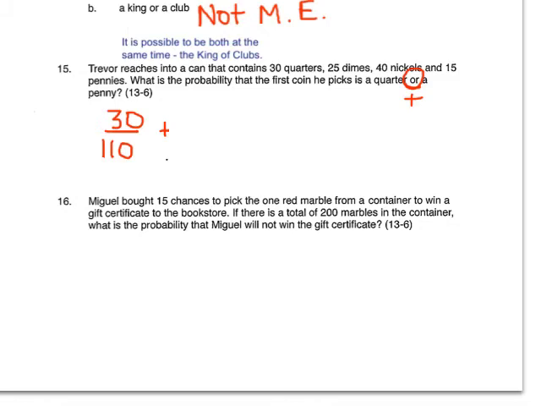plus, so this represents the quarters, the pennies are 15 out of the 110. So total, there are 45 coins that meet my criteria out of the 110. If I reduce that fraction, 45 divided by 110 comes out to 9 over 22.